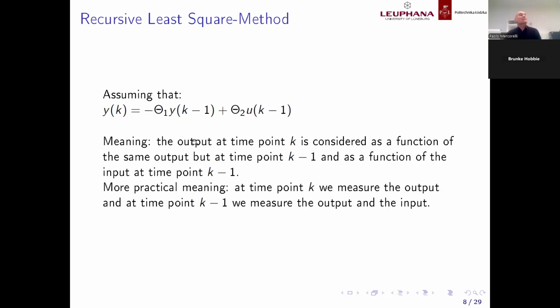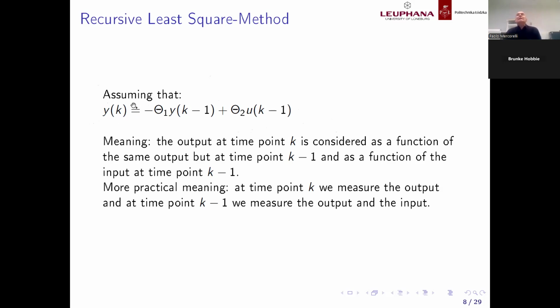Now I will answer this question, because last time, do you remember, I assumed that this equation is valid, but the question is when is it valid? Why didn't I put here theta 2 multiplied by u of k?